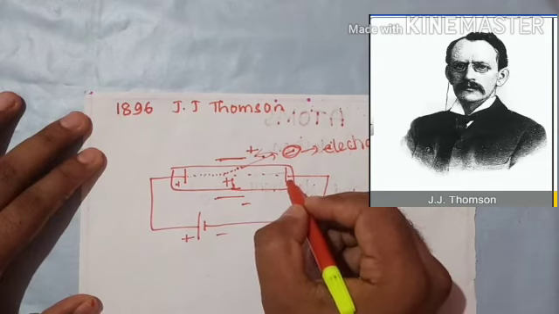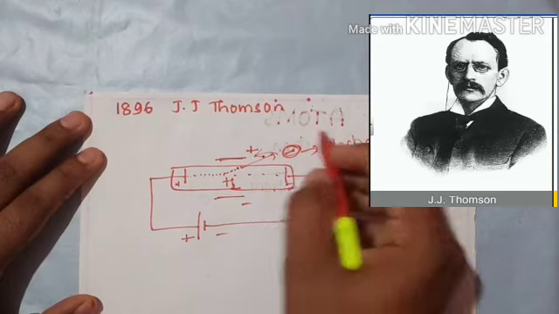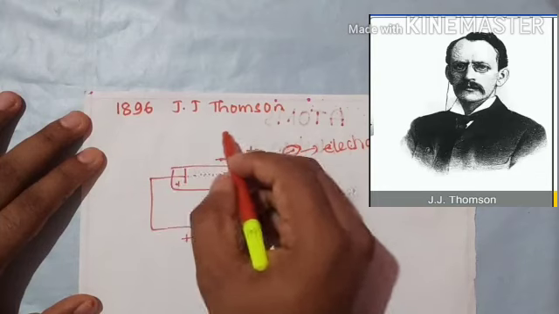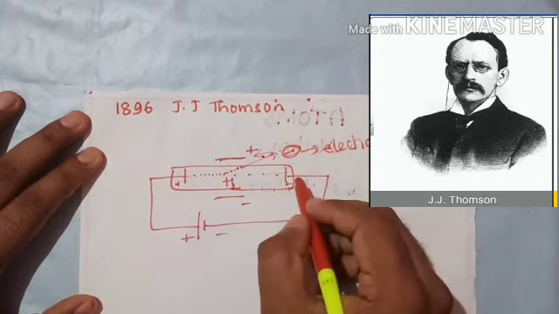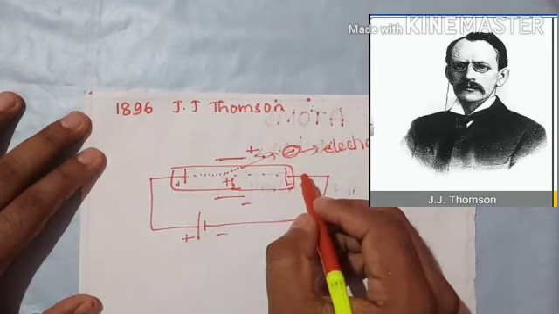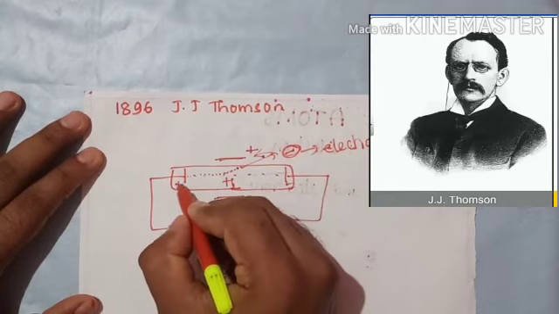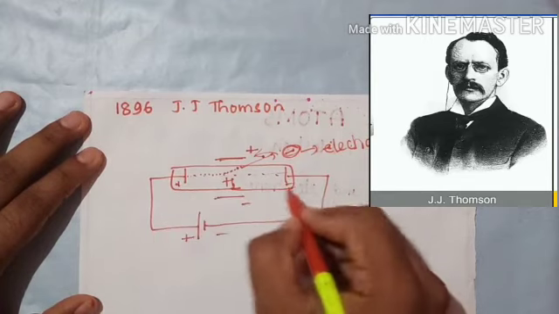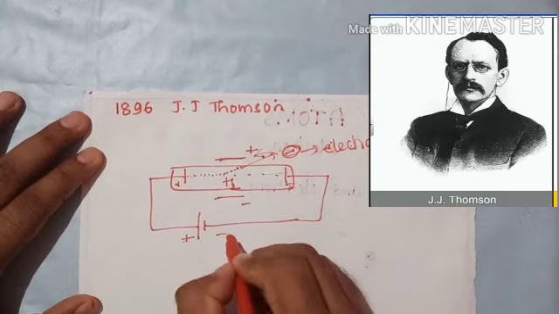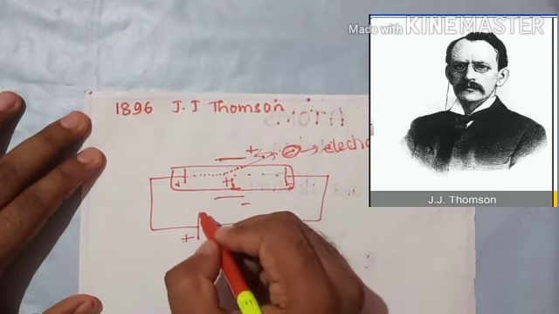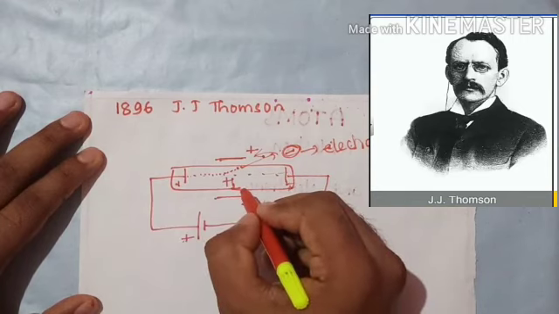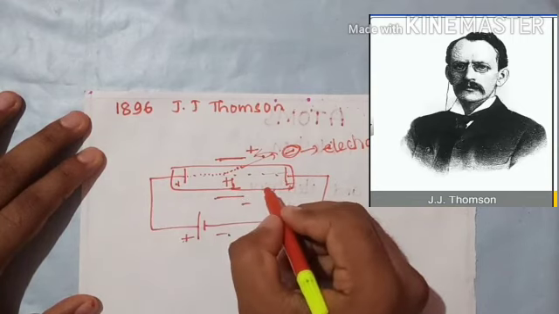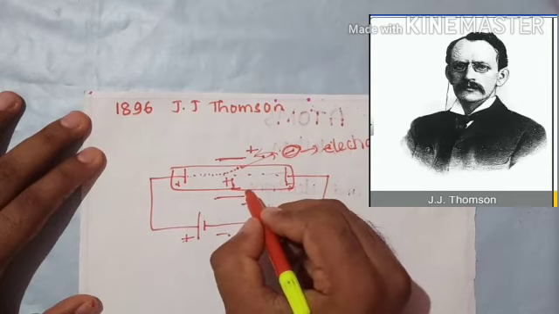So who did this experiment? J.J. Thomson. In 1896, J.J. Thomson did one experiment. He took one cathode ray tube or discharge tube, connected to a battery. This is the positive terminal and the negative terminal, called anode and cathode. This chamber is filled with hydrogen gas. When the current is switched on, this gas ionizes.